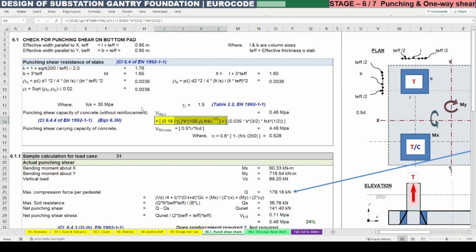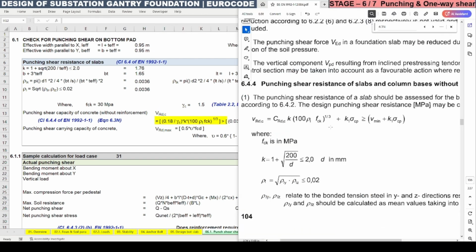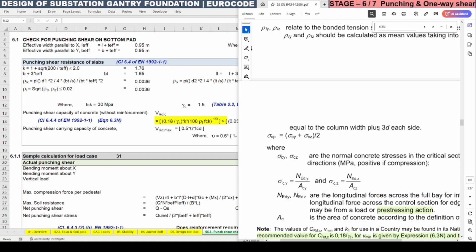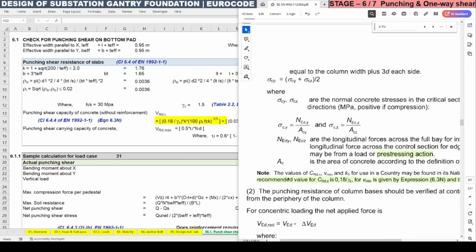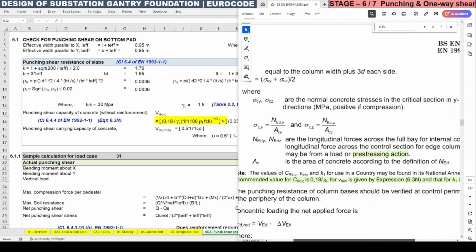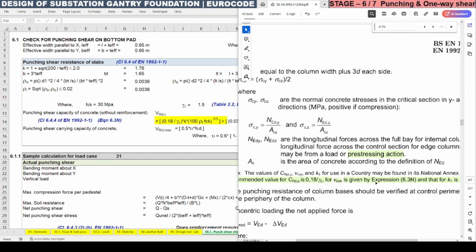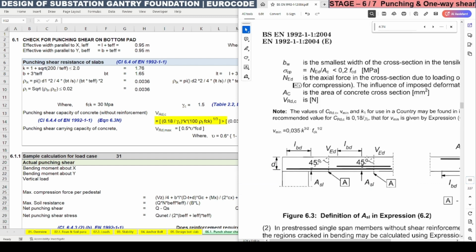as we had arrived from the clause 6.4.4 as defined here. So then how do we calculate the v minimum? That v minimum explanation is also provided under this note, which states that v minimum is given in expression 6.3N. For 6.3N we need to refer to page number 88 of this code.